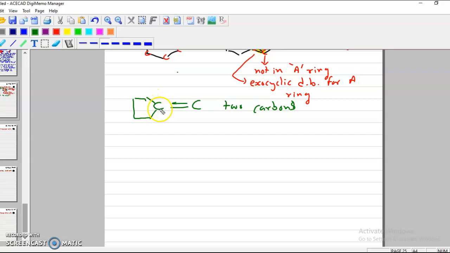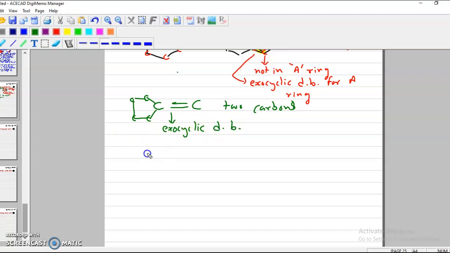But if one of the carbons is part of the ring like this, then it is known as exocyclic double bond. So one carbon should be part of the ring, another carbon should be outside the ring. So it is called exocyclic DB or double bond.